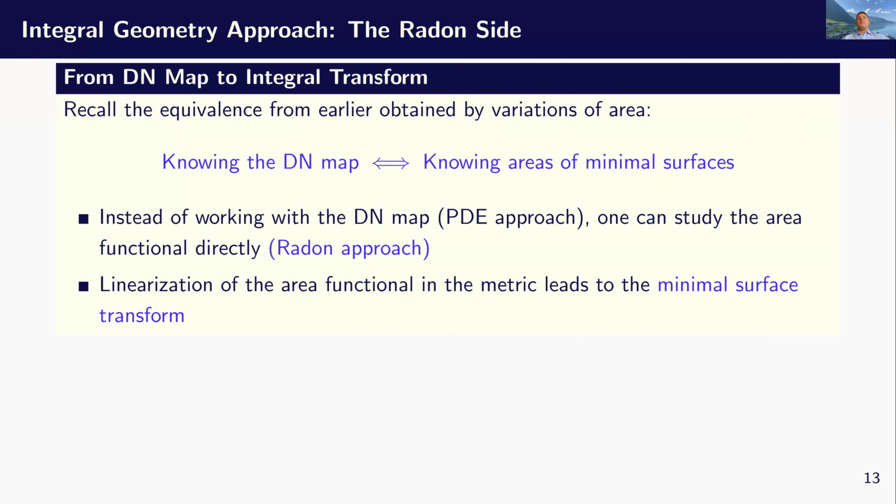We realized this equivalence: knowing the DN map is equivalent to knowing areas of minimal surfaces. So now, instead of working with the DN map, this PDE approach, one can start to study the area functional directly, which I call the Radon approach. As we will see, if you linearize this area functional in the metric, so in the unknown, this will lead to the minimal surface transform.